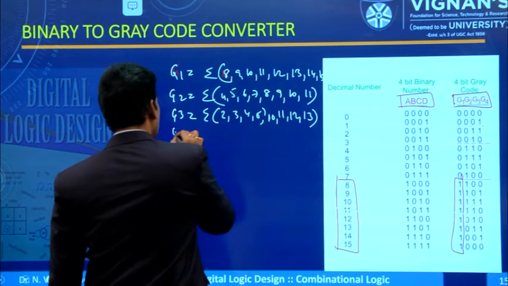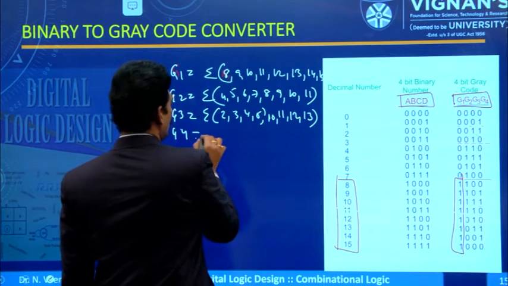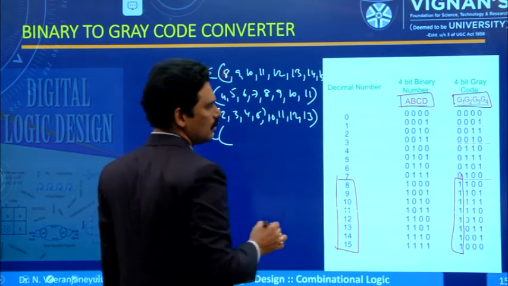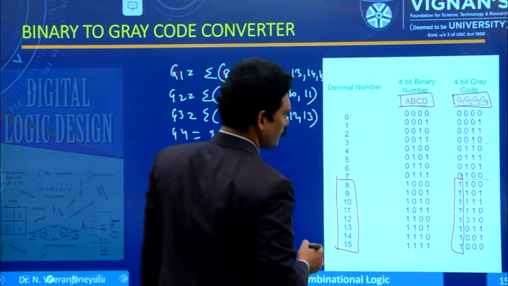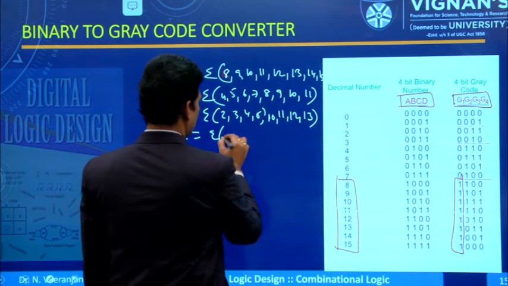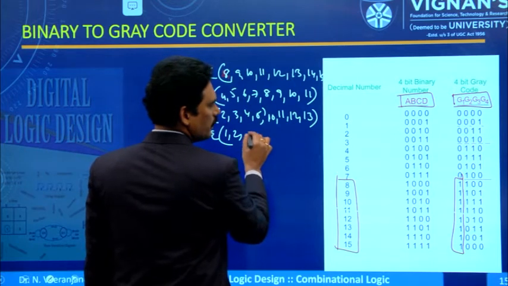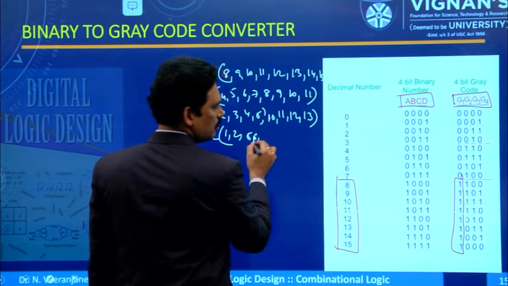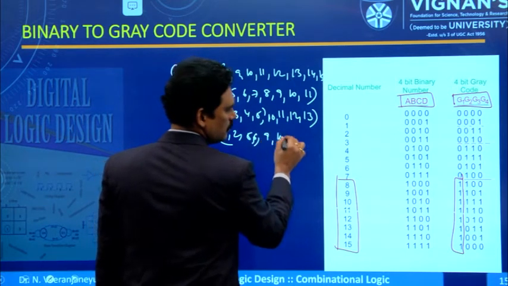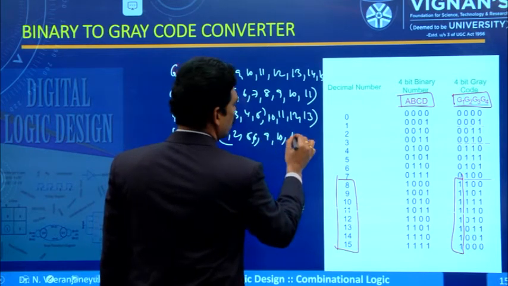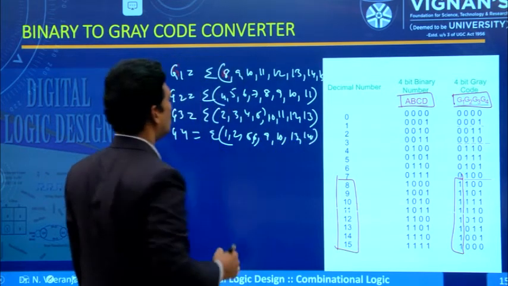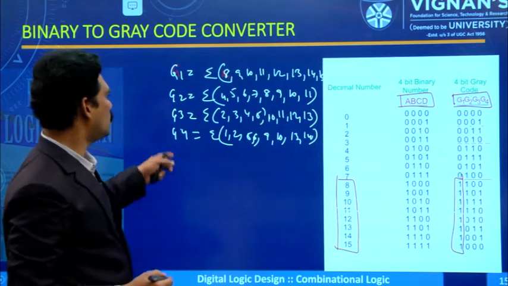And what about G4? G4 is equal to sigma 1, 2, 5, 6, 9, 10, 13, 14. Okay, these are the values of G1, G2, G3, G4.